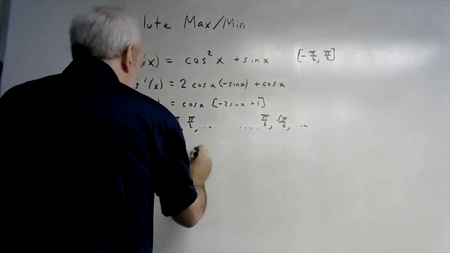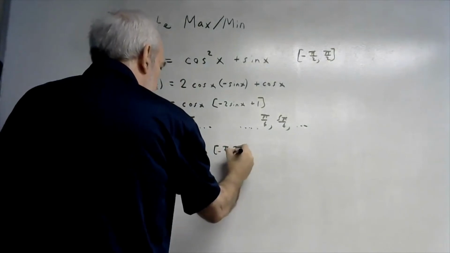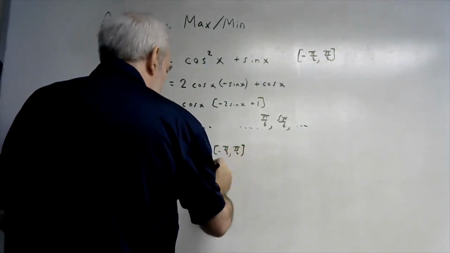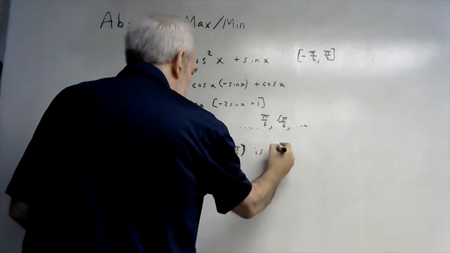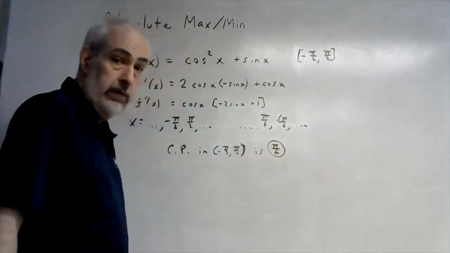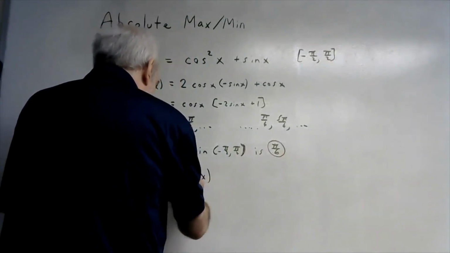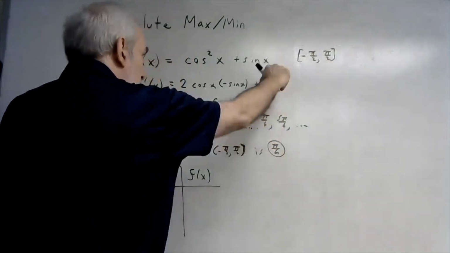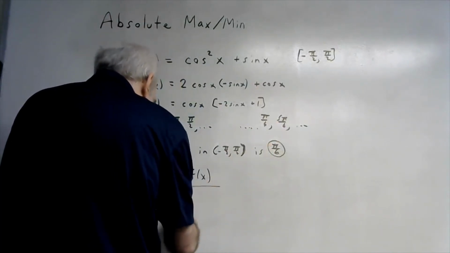But the only critical point that is in the interval -pi/2 to +pi/2, not including the endpoints, is the pi over 6. So now we need to make a table of values that include our two endpoints and the only critical point that is in between the two endpoints.